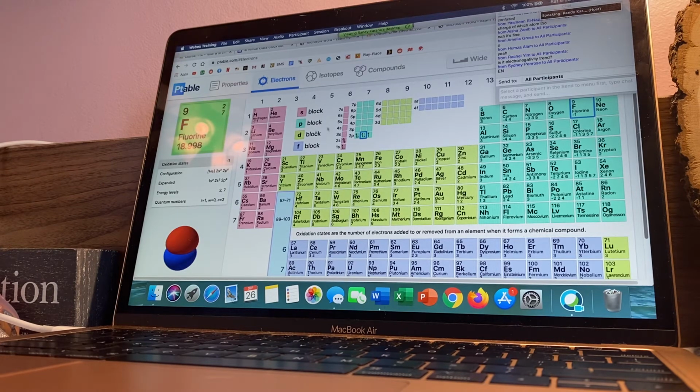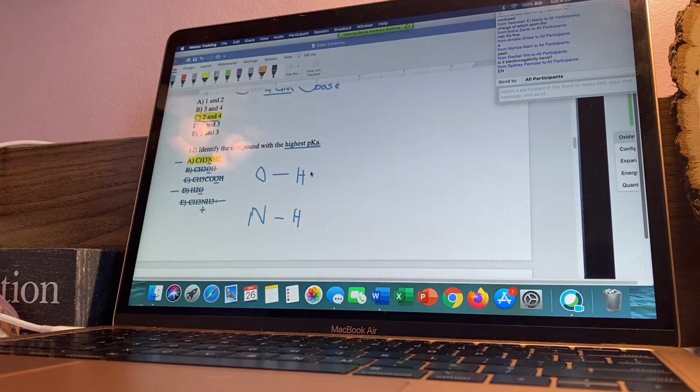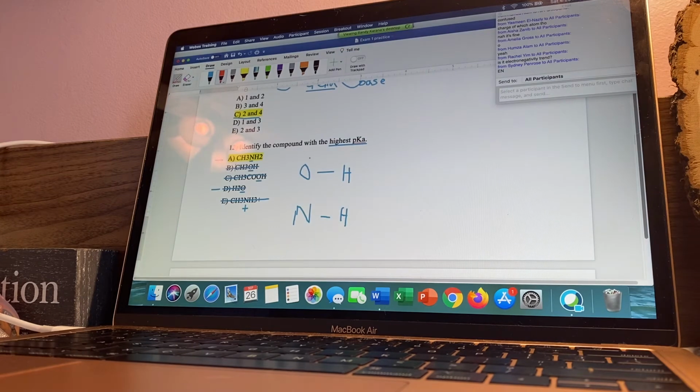I don't know how to show it, but the size of the atom gets so much bigger when you go down a group, and then when you go across the period, it only gets a little bit smaller. So electronegativity is going to dominate when you're going across the period, and size is going to dominate when you're going down a group.